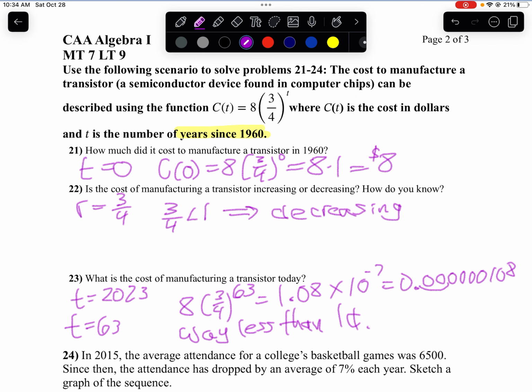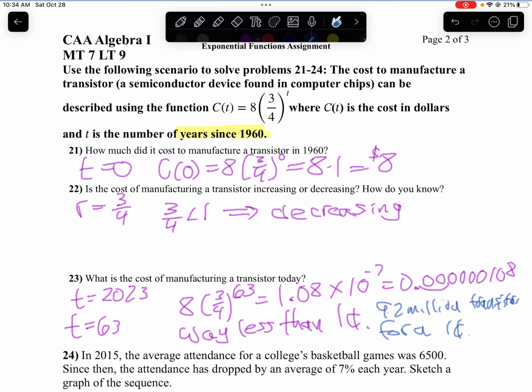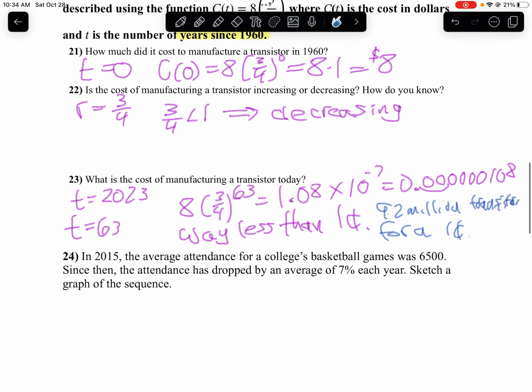So I could make about 9.2 million transistors for a penny. And that kind of goes with what we called Moore's Law, that says the number of transistors we can fit into a circuit doubles about every year.